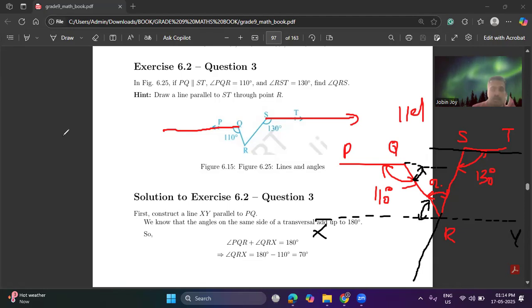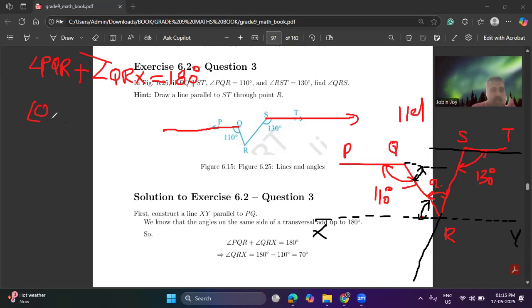So I can write angle PQR plus angle QRX is equal to 180 degrees.